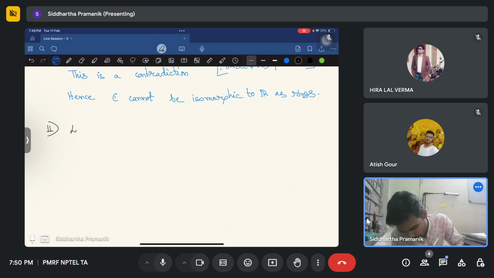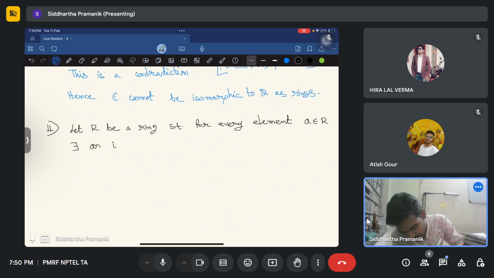Okay, so let R be a ring such that for every element, let's say a in R, there exists an integer, in fact a positive integer, let's say n greater than 0, and this integer will depend on a also, such that a^n is equal to a.